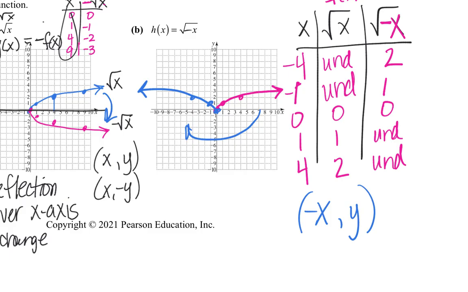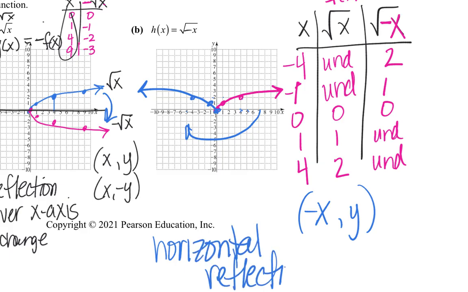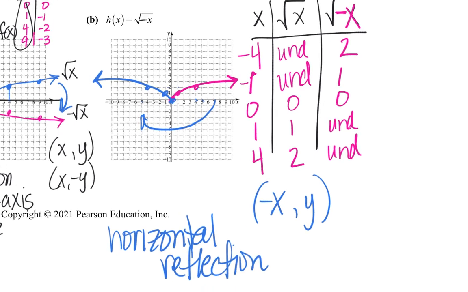So we went from positive x's to negative x's, but the y values stayed the same. So this is your horizontal reflection, or reflecting over the y-axis.